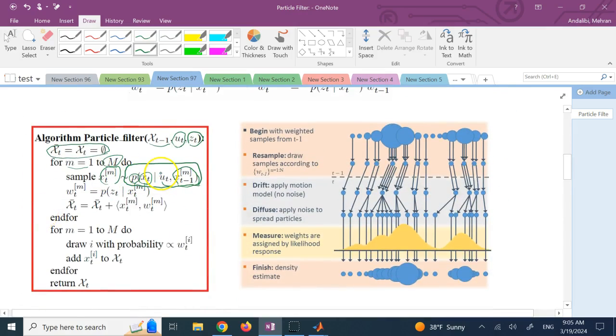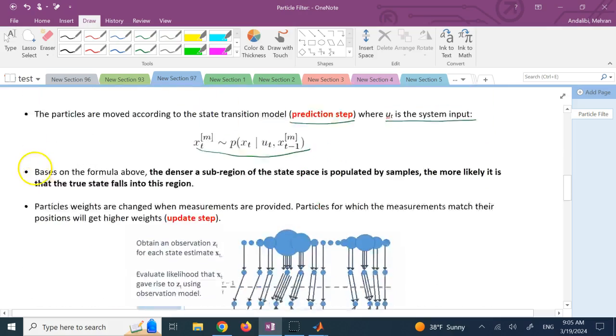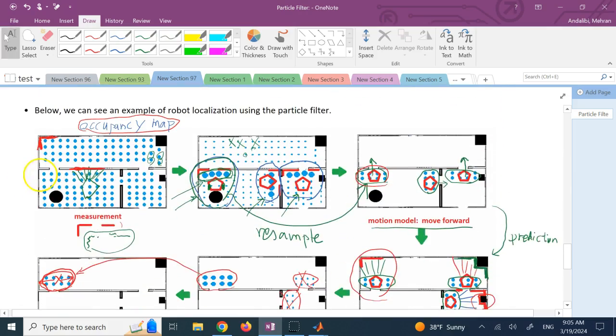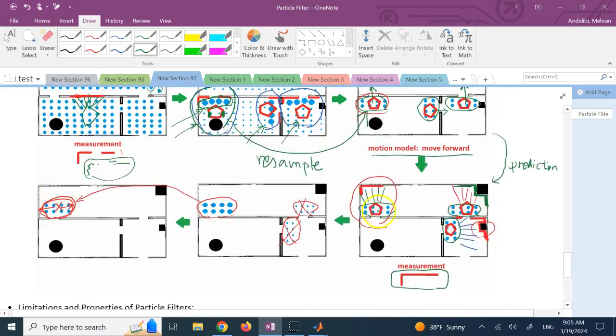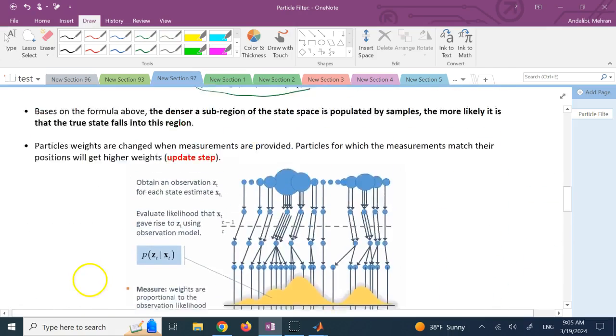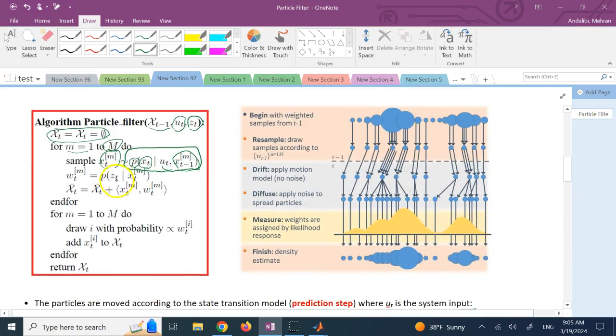And you do the prediction step, and then it says once you move the particles based on the prediction, as we said, now look at what? Now look at the measurement that you are making, compare it against what you have, and update the weights. So you see here that based on the probability that such measurement is made at such state, update the what? Update the weight.